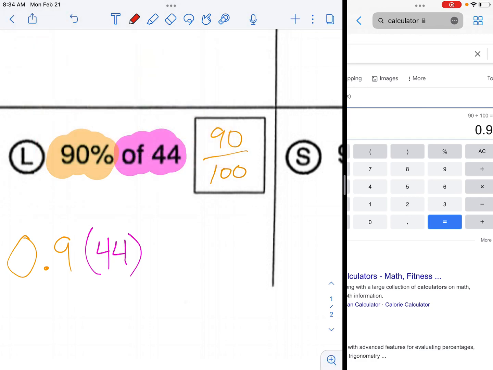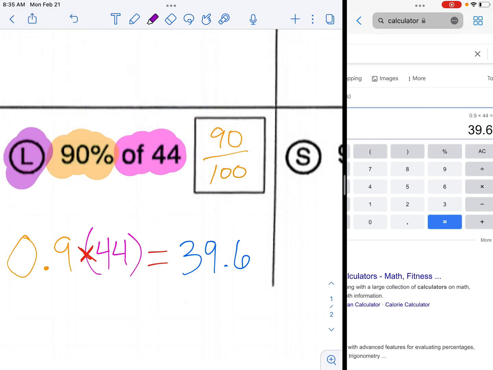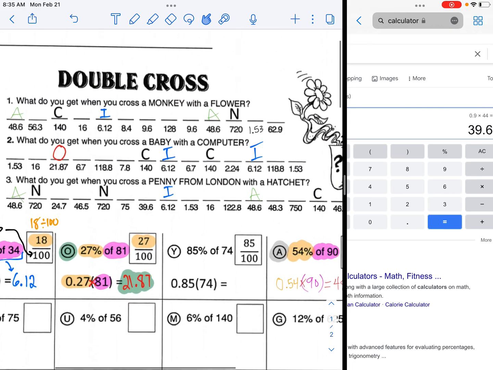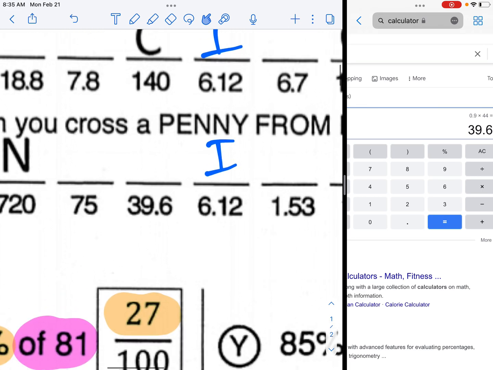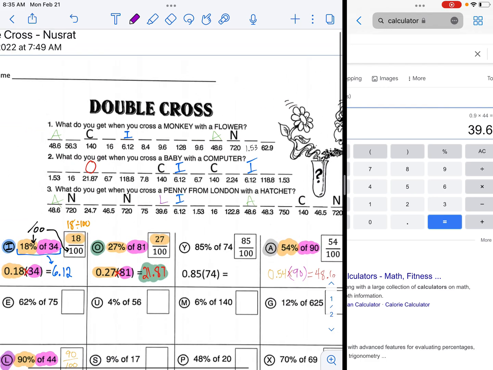Then I can times 44 equals 39.6. And I'm writing it in blue because that's the part, right? Okay, so this is the last one I'm doing. I'm going to find this answer, 39 and 6 tenths, and I'm going to put an L above it. If I can find it even one time, that means I did it right. Here it is right there, L. Purple. L. 39.6. I think that might be the only one.